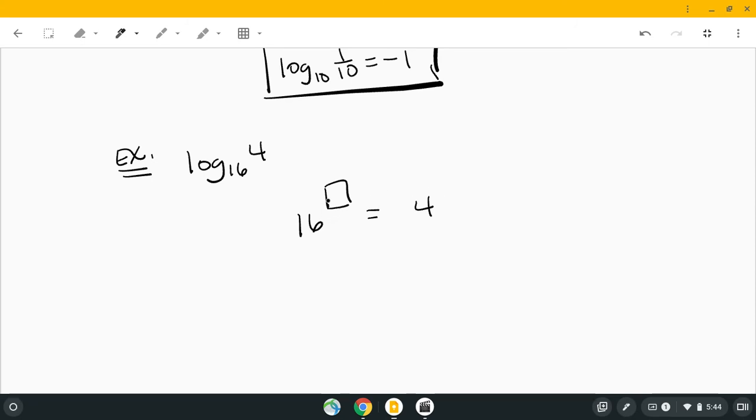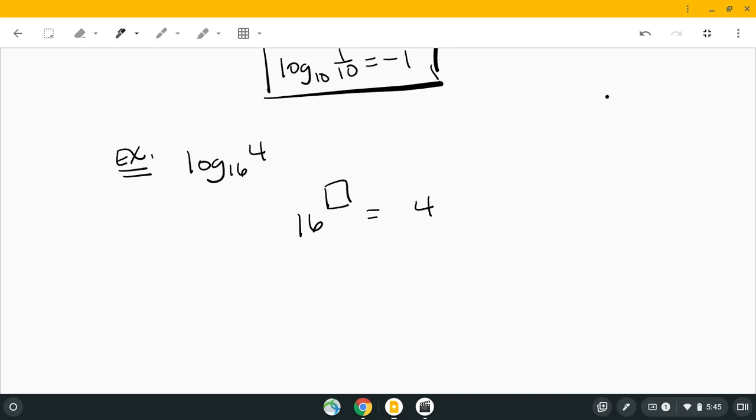So the only way you can raise something to a power and get something actually smaller is by using one of those rational exponents, the ones that are like a square root or a cube root. And we see here that the square root of 16 equals 4.